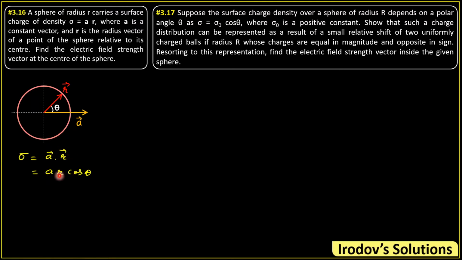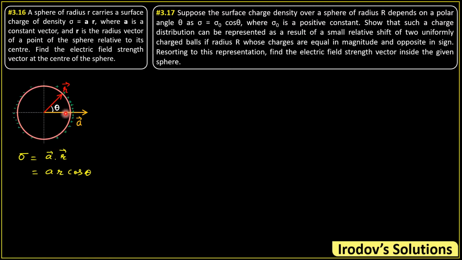If you look at this charge distribution, since a and r are constants, it varies as cos theta. So cos theta is maximum at theta equal to 0. As we go around, on this part the charge density is positive, and on this part the charge density is negative. The maximum charge density is here, the charge density is 0 here, and it is maximum negative at the other pole.